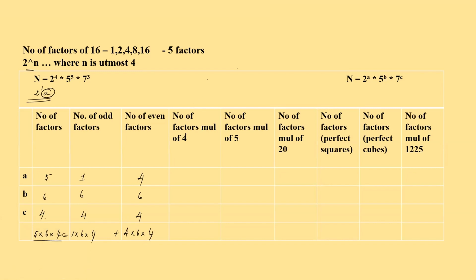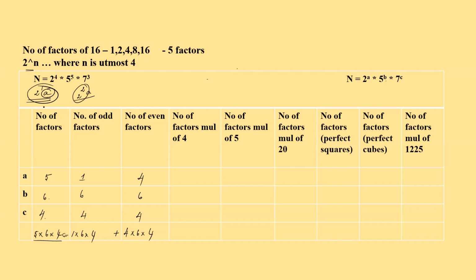Now the number of factors which are multiples of 4. Before this we saw the number of even factors. The number of even factors means the number of factors which are multiples of 2. So multiples of 2 means the only constraint was the minimum power of 2 should be 1. Now similarly, if I have to go with the number of factors which are multiples of 4, 4 is nothing but 2 square. So the number should be in the format 2 square into a. That means the minimum power of 2 should be 2.